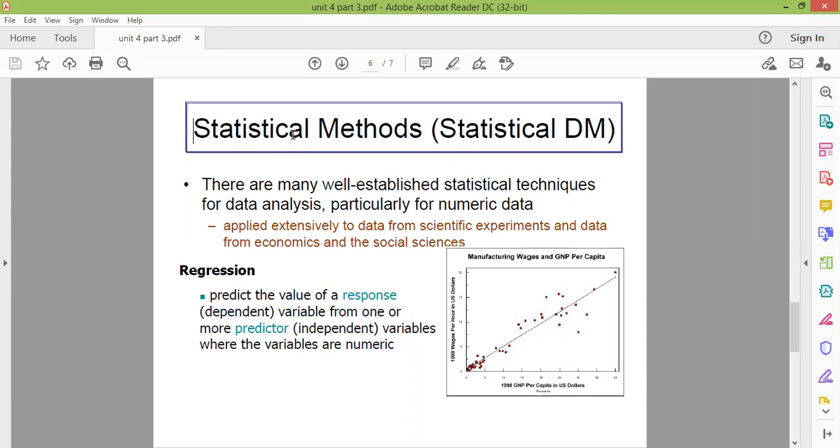If you look at the diagram given here, we are looking at manufacturing wages and GNP per capita. On the x-axis we have GNP per capita, and we have the wages, and there is a line. I have told you the equation of a simple linear line, y equals mx plus c.